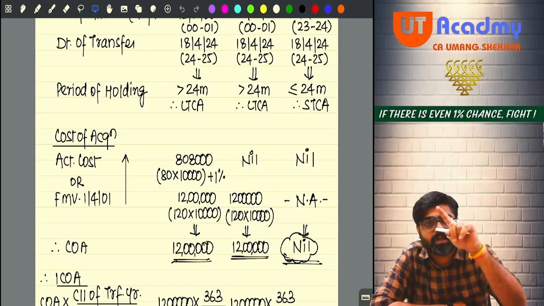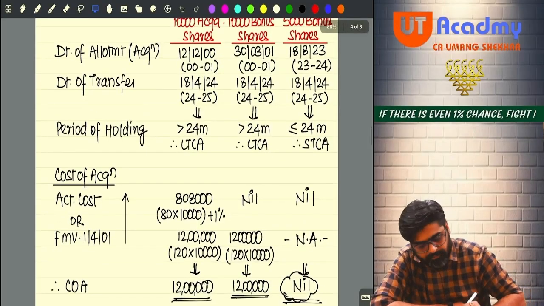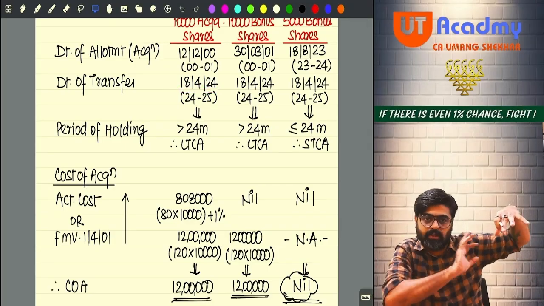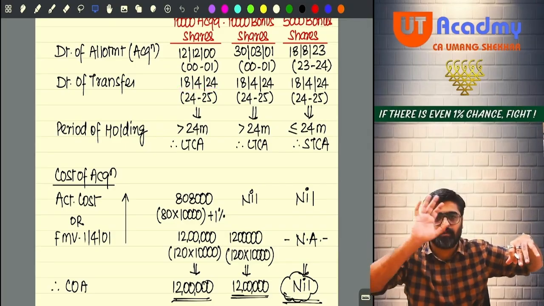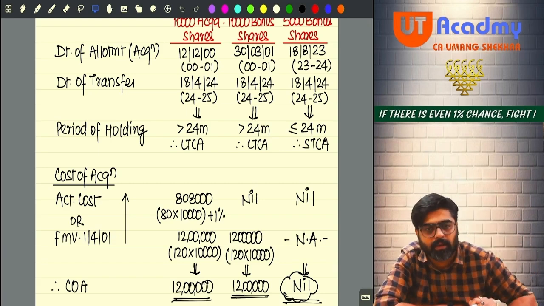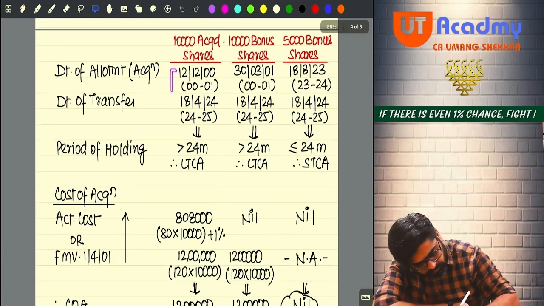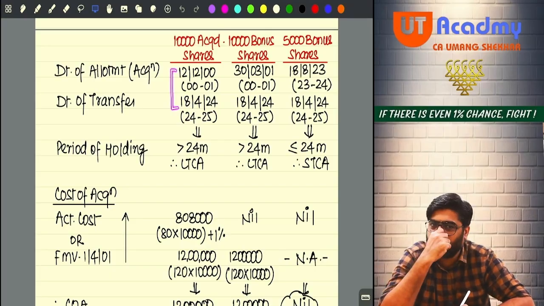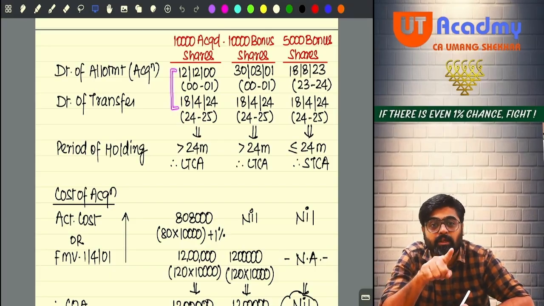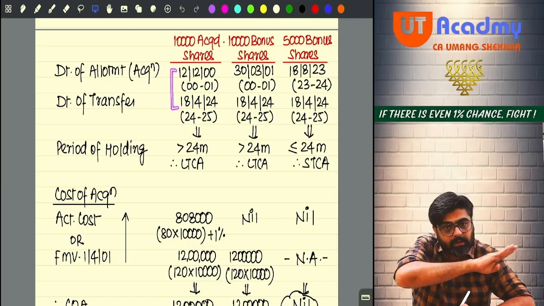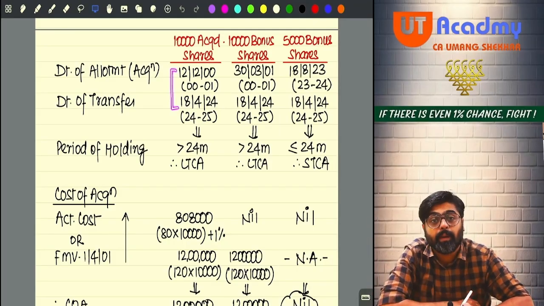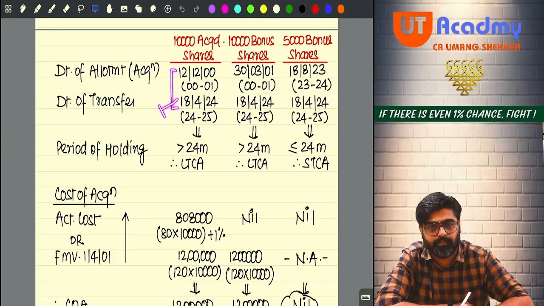Now, these shares you are transferring on what date? 18th of April 2024. Along with 25,000 shares, these shares are also going. So date of transfer is 18th April. From here till here, you get the period of holding of the shares. Now tell me, the shares are transferred on or after 23rd July 2024, or prior to 23rd July? Prior to 23rd July.